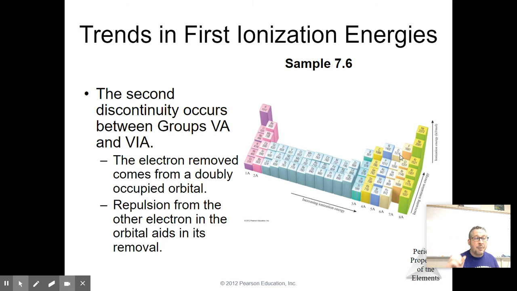It is doubled up, and we get an increase in repulsion. And so the doubled up electron is going to be a little easier to remove in that scenario. And so that's why you see a slight, again, decrease in ionization energy in group 6 than you do in group 5.